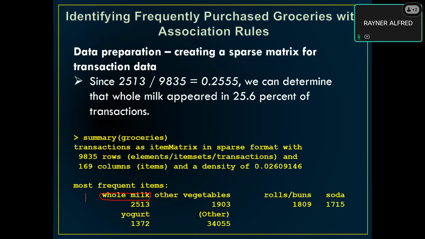The second one is other vegetables, then rolls bun, then soda and so on. But if you increase the set here to become a 2 item set, of course your value here will be lower. So that's why a 1 item set will have high support.